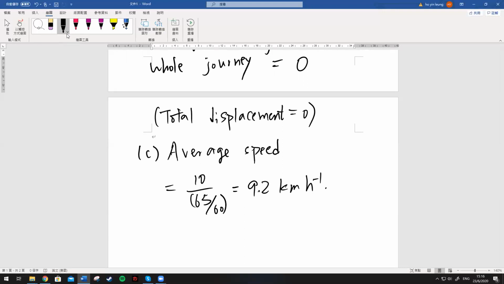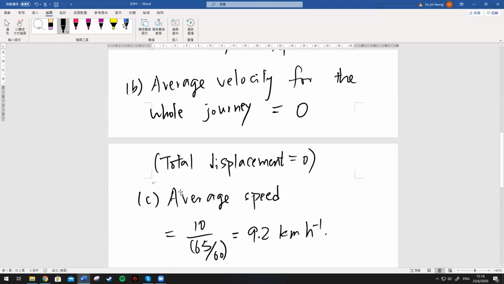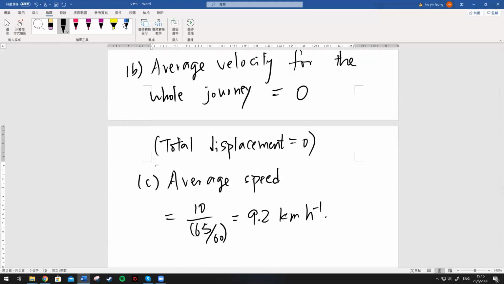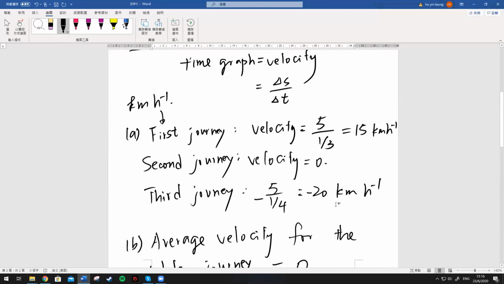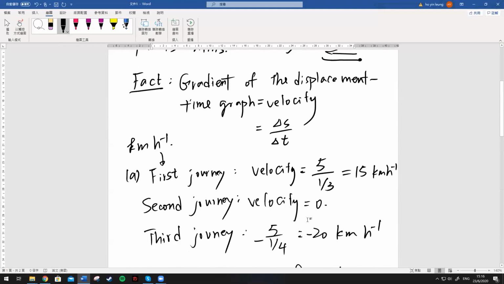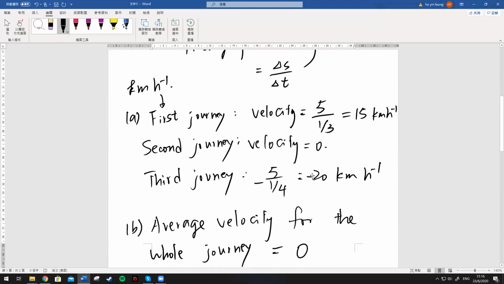So you need to know how to interpret the displacement time graph. So that's one example. As a remark, just be careful with the sign, because just now you also made a mistake here. You forgot to put the negative sign here.